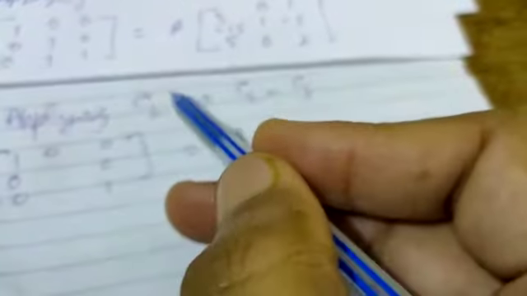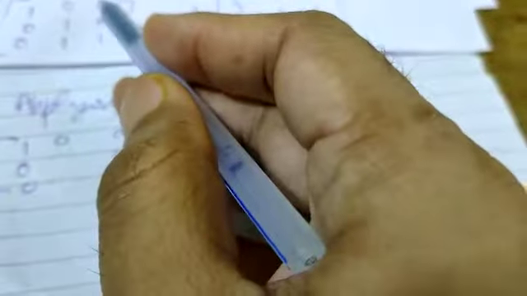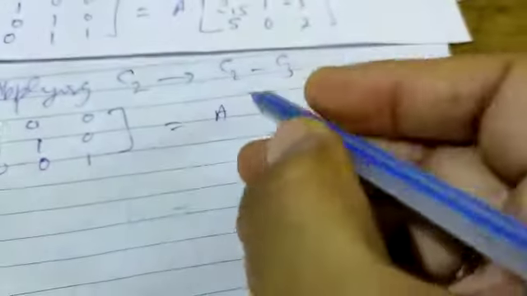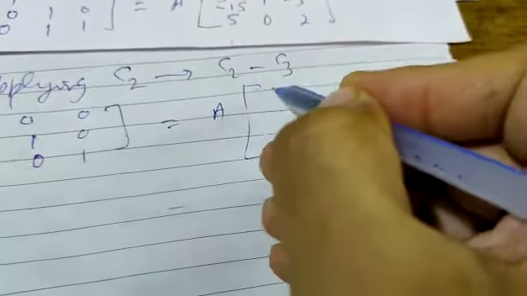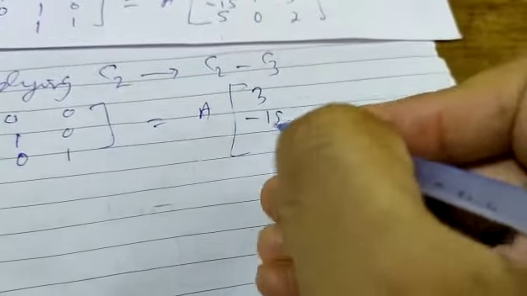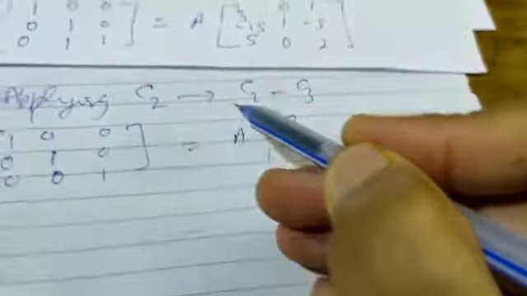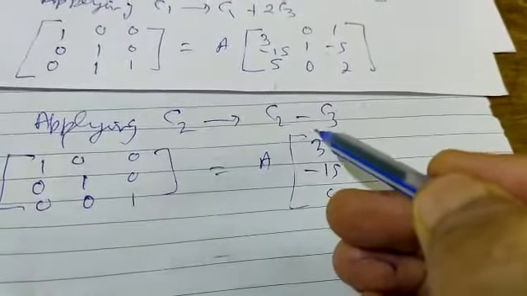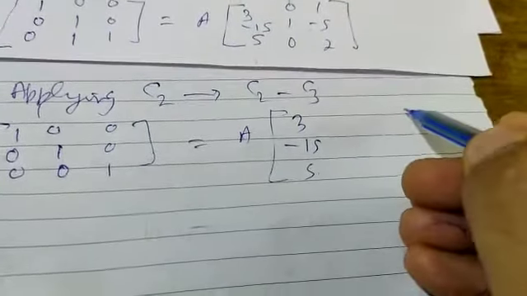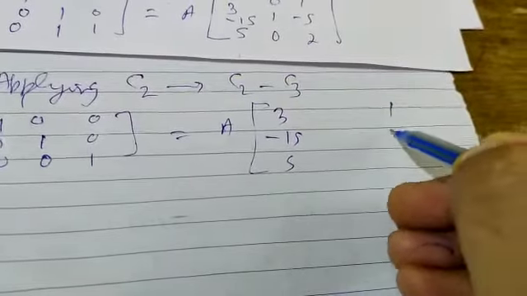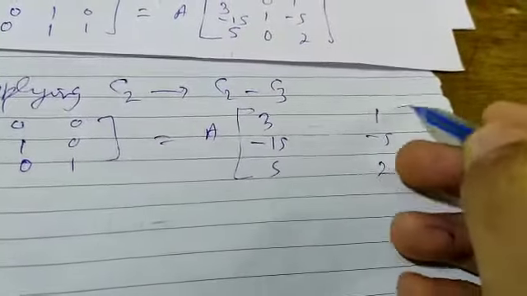Now let us see, C2 minus C3, so we have to subtract these two. 0 minus 0 is 0, 1 minus 0 is again 1, and 1 minus 1 is 0, equal to A. Now here 3, minus 15, 5, and applying C2 becomes C2 minus C3, there is no change in column 3, so column 3 we write as it is: 1, minus 5 and 2.